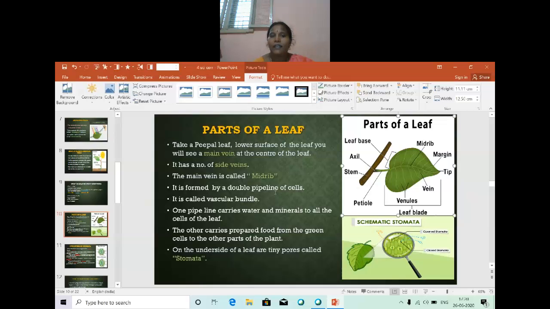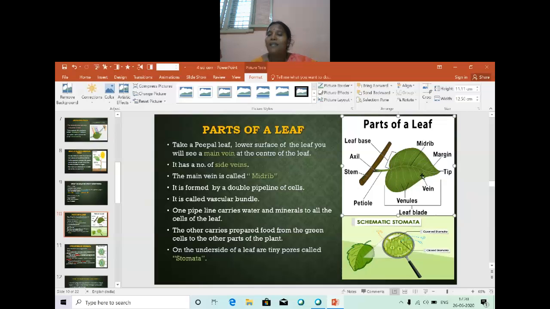Clear? See. Then the inside of the stem has a vascular bundle. Vascular bundle means it has two pipelines. Clear? Two pipelines are there. It is called the vascular bundle.